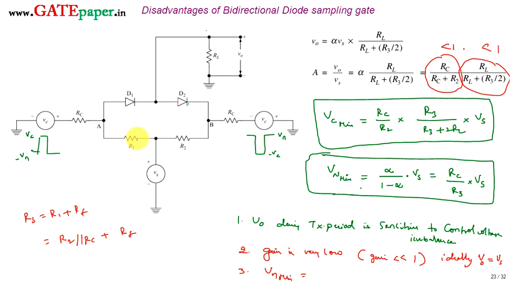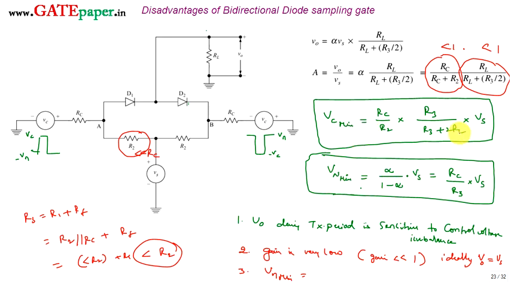If you observe, R2 is very small compared to RC, so this value is going to be much lesser than R2 plus Rf. The value itself is going to be less than R2. The R3 value is going to be less than R2, but RC is greater than R2. So Vn minimum is going to be greater than Vs. Whatever signal you are applying, you are applying more than that as the minimum voltage.